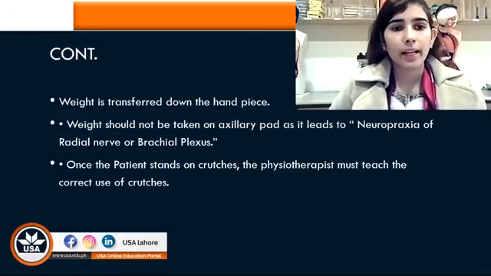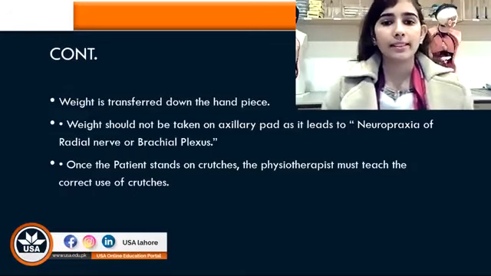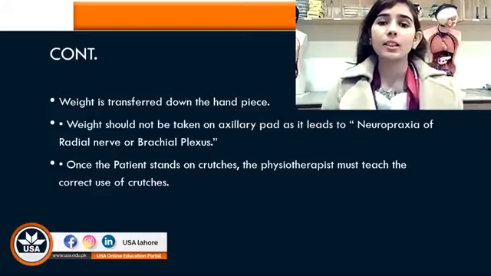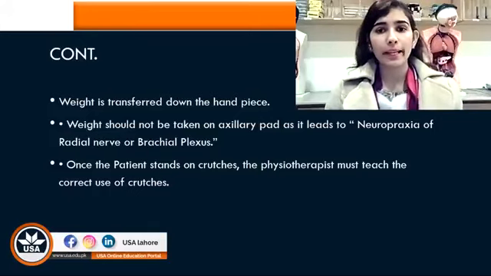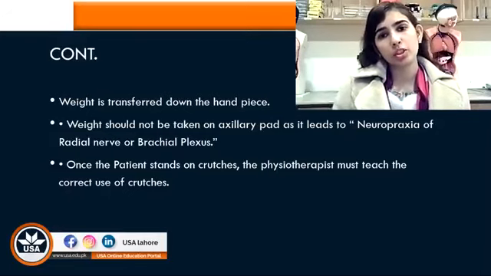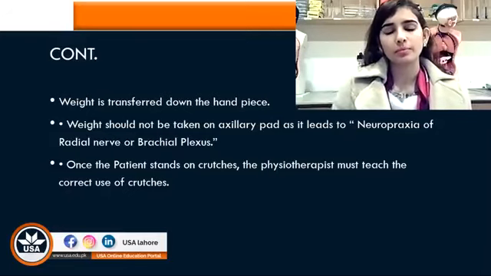So weight should not be taken on the axillary pads, as it can lead to neuropraxia of the brachial plexus or the radial nerve. Once the patient stands on the crutches, the physiotherapist must teach the patient the correct use of the crutches.